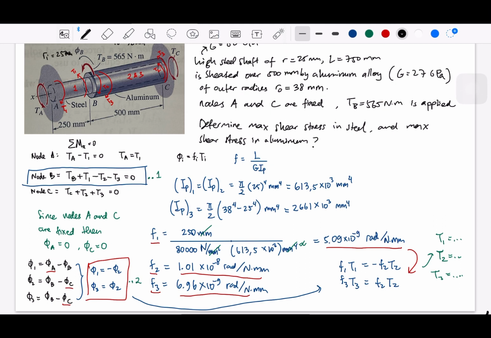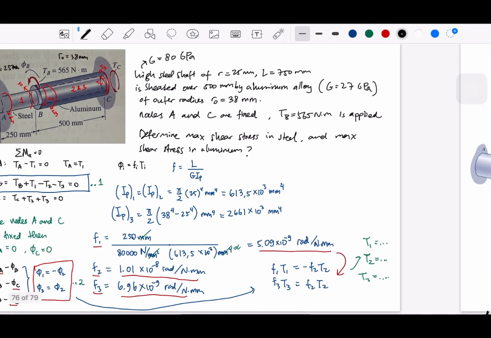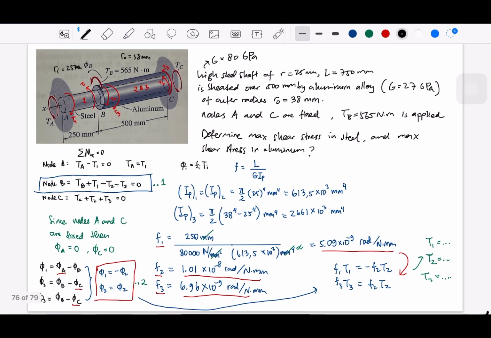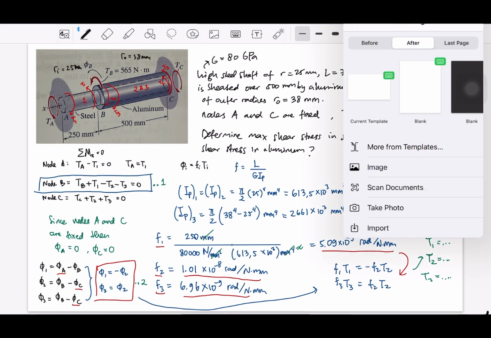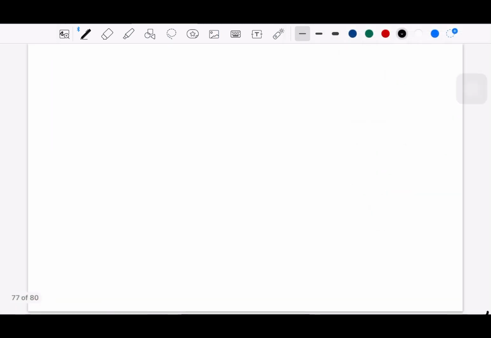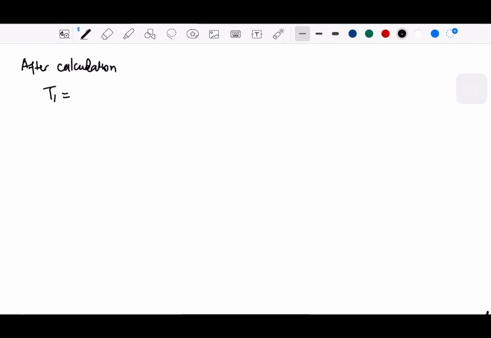Okay, but the question is asking for the maximum shear stress in steel and the maximum shear stress in aluminum. So to find the maximum shear stress, let me add another one here. After calculations, let me just write the result that T1 is negative 252.